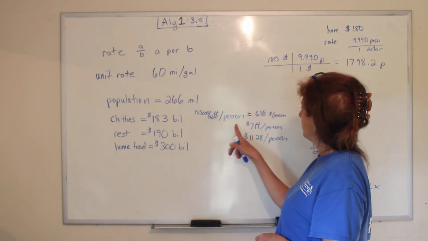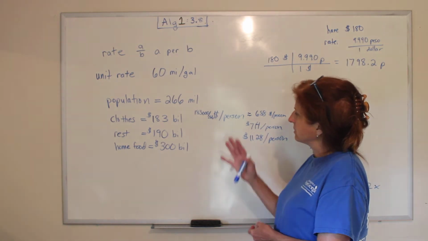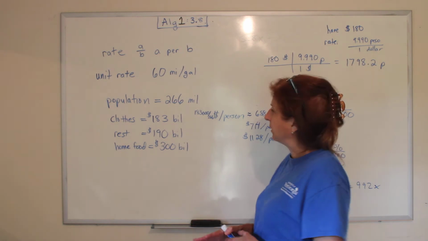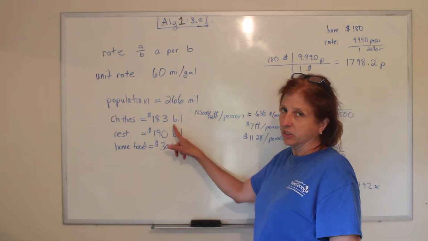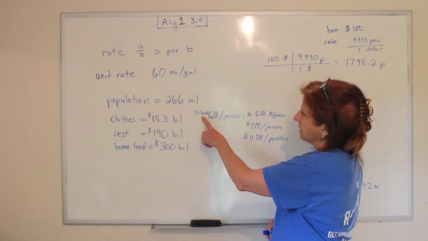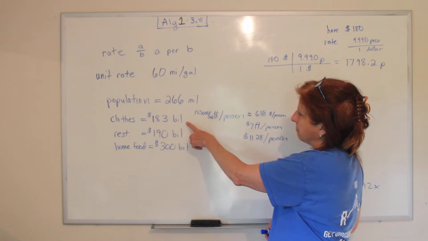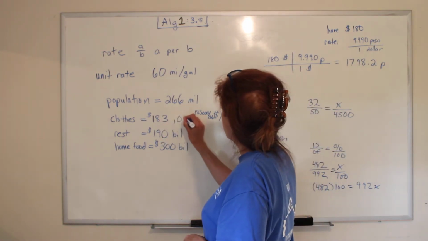And so if you wanted to know how much was spent per person per year, then notice that this is in million and that's in billion. And we need those to be the same. To make billions into millions, you add 3 zeros.